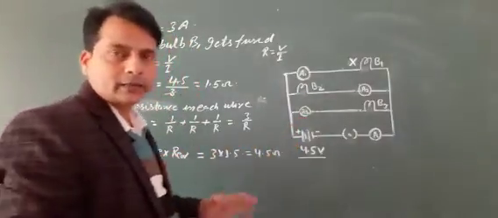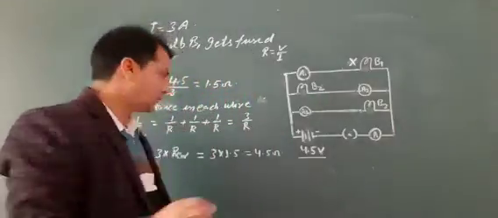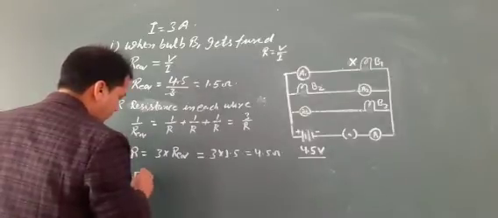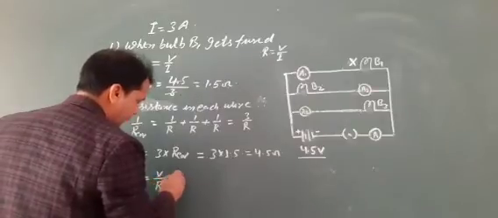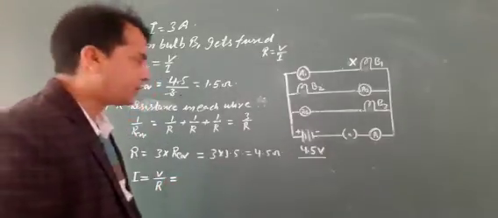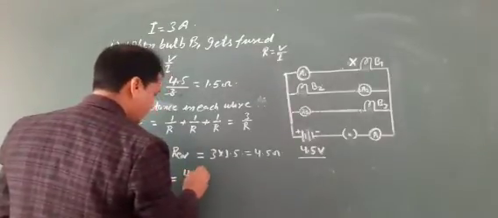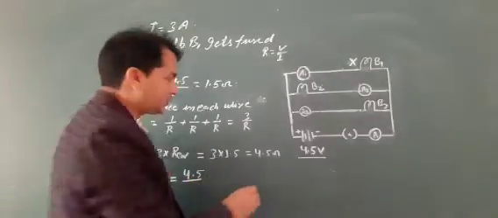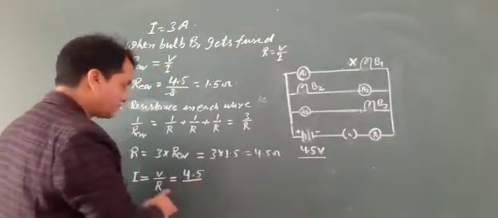We know that electric current equals the potential difference by resistance, so I equals V by R. The potential difference is 4.5 volt, and the value of each resistor is 4.5 ohm.